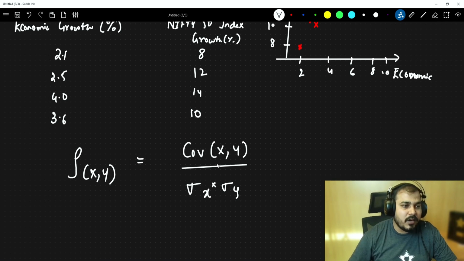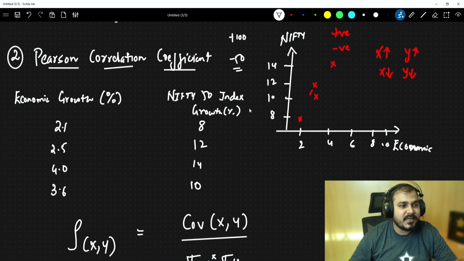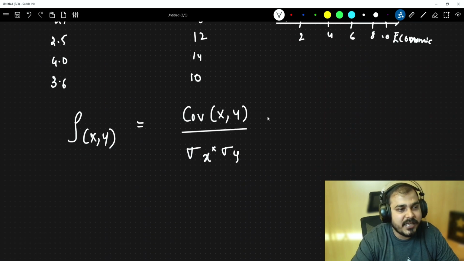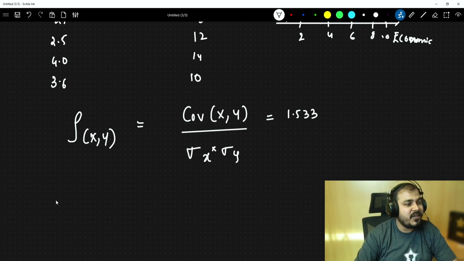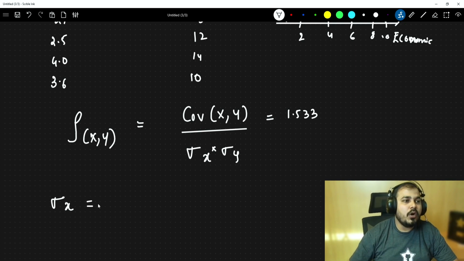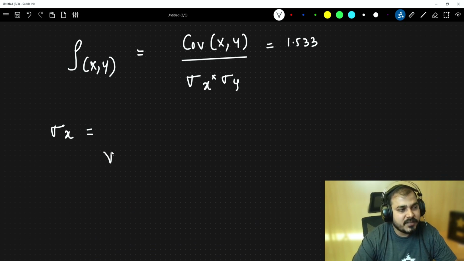We have already calculated the covariance, guys. In our previous example, I got 1.533, right? Now we really need to calculate the standard deviation of x and the standard deviation of y. Obviously, if you want to calculate the standard deviation of x, the formula is quite simple.